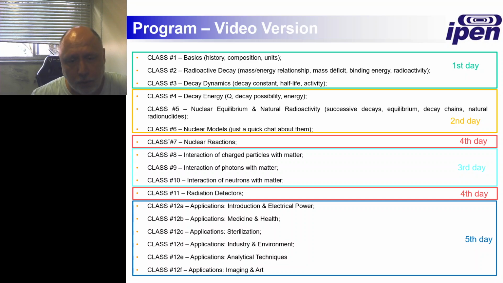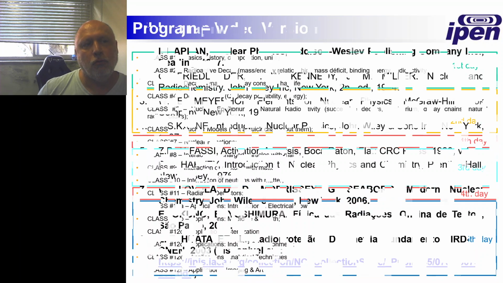Okay, I hope this structure gives you an idea, so if you want to see my classes, you can follow essentially which of these videos fall on what day of the course, right? That's essentially what we'll talk about in this.